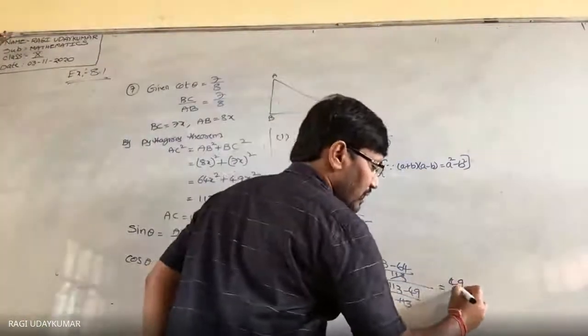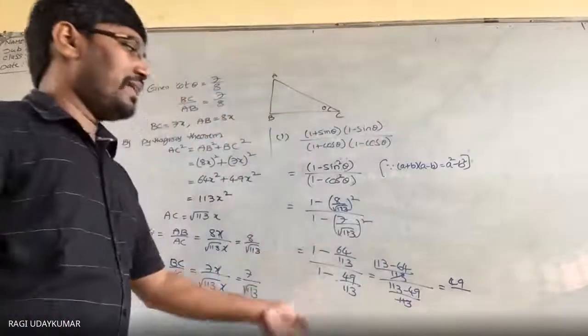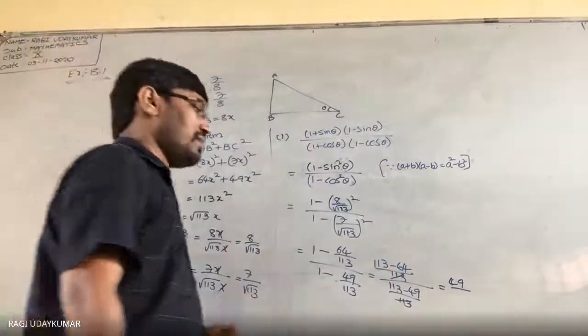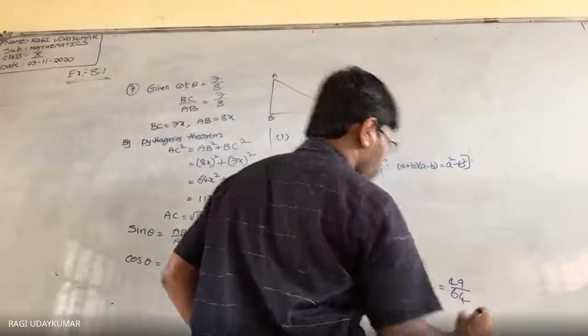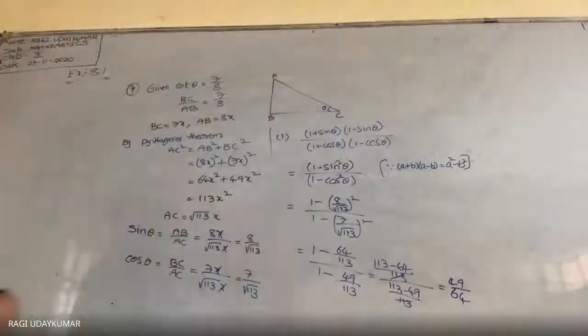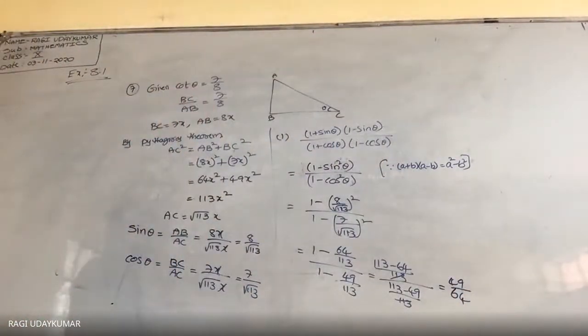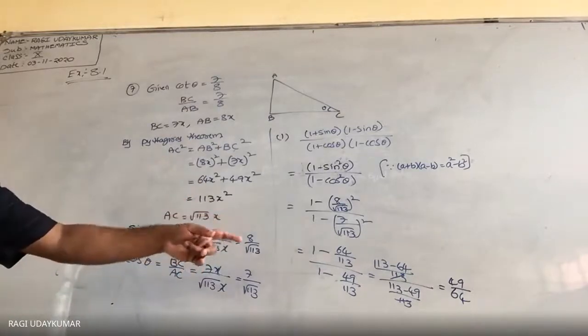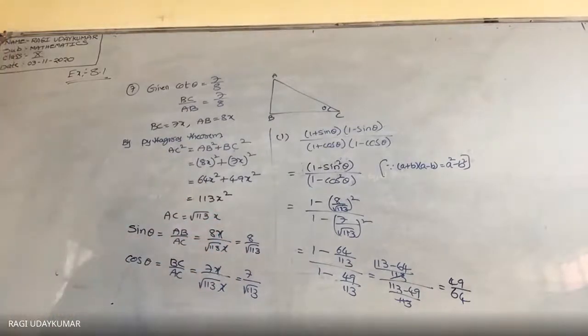You will get 49. And 113 minus 49, we get 64. So the value of 1 plus sin theta into 1 minus sin theta by 1 plus cos theta into 1 minus cos theta is 49 by 64.